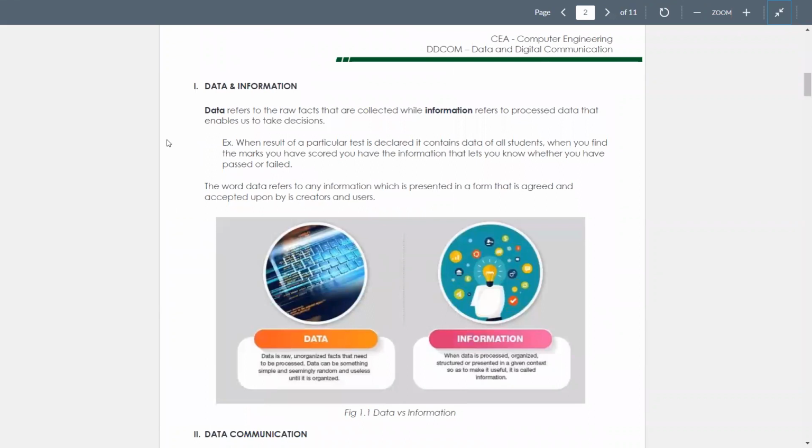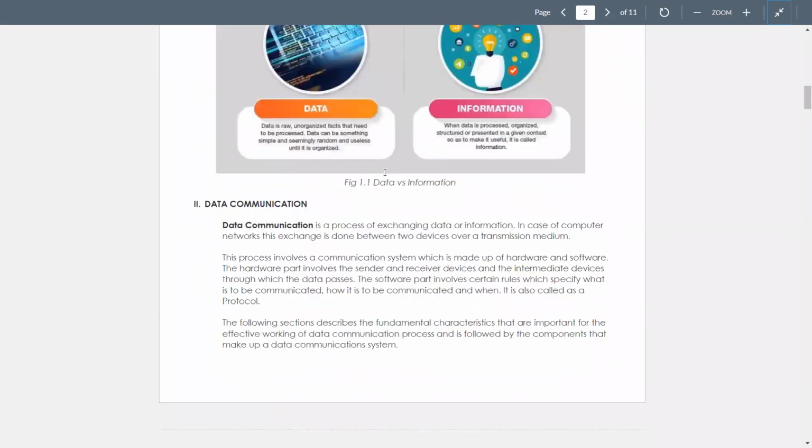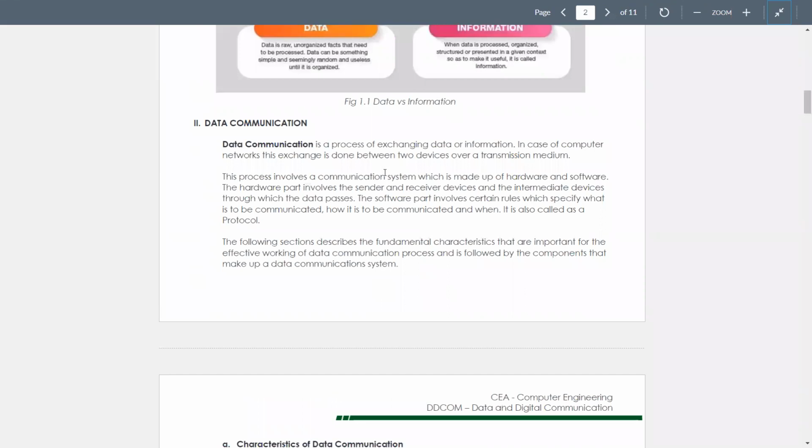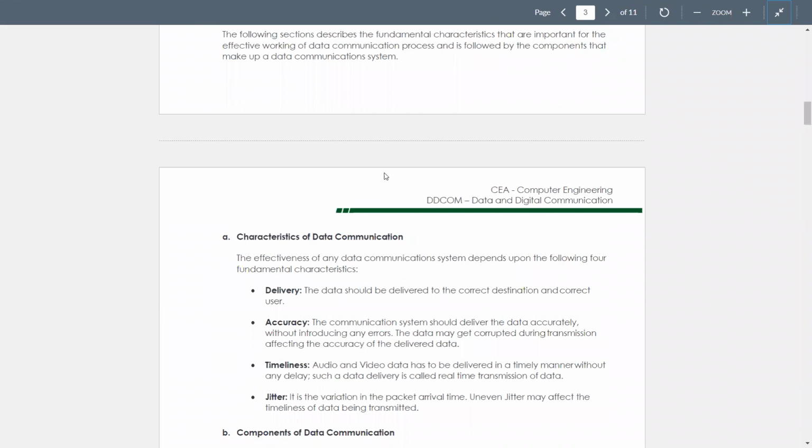So we have here again data and information. You already know the difference between data and information. The data is something that we know, while the information is the processed data. This is something that we could conclude. And then we have the data communication, of course, the transfer of data.